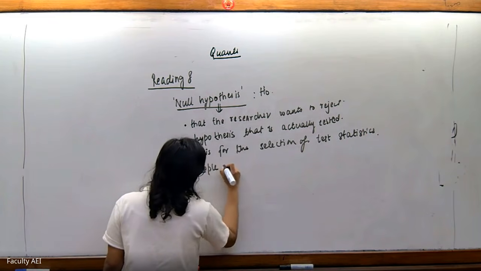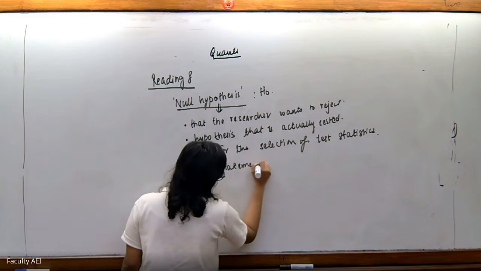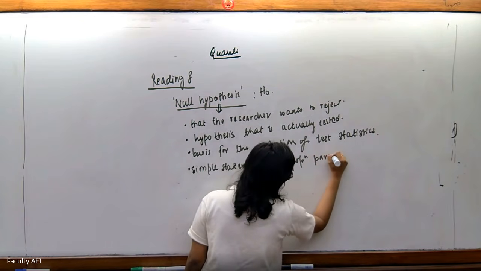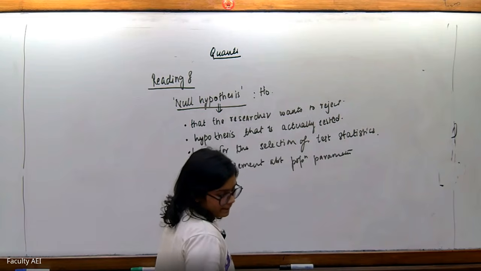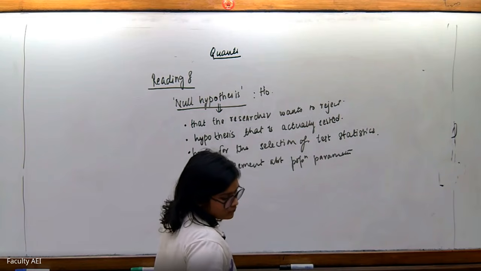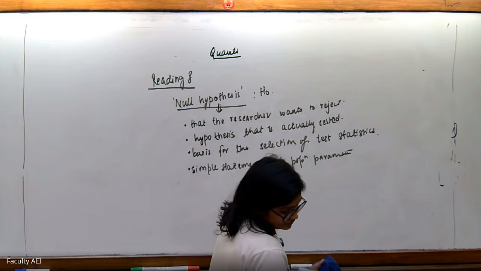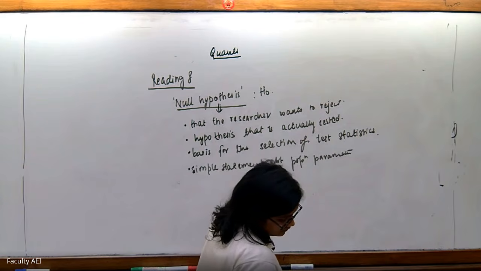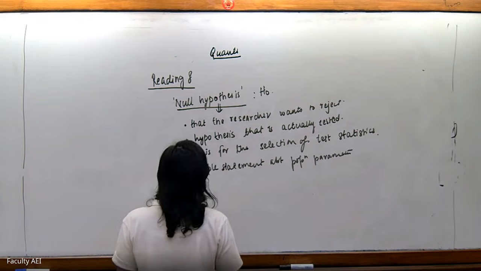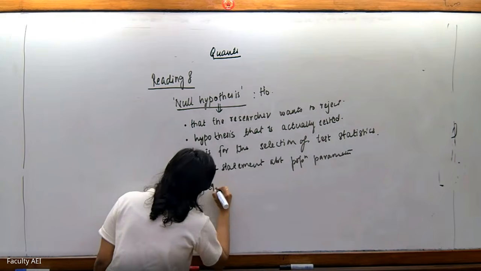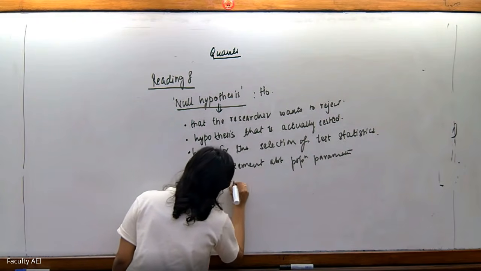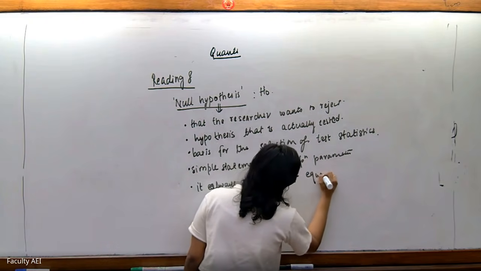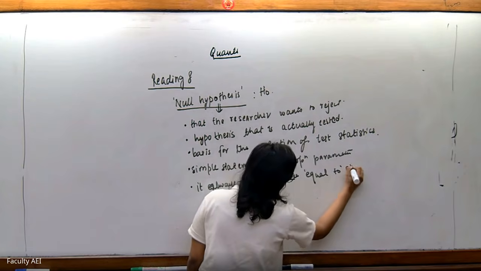It is a simple statement about population parameter. It always includes the equal to sign.